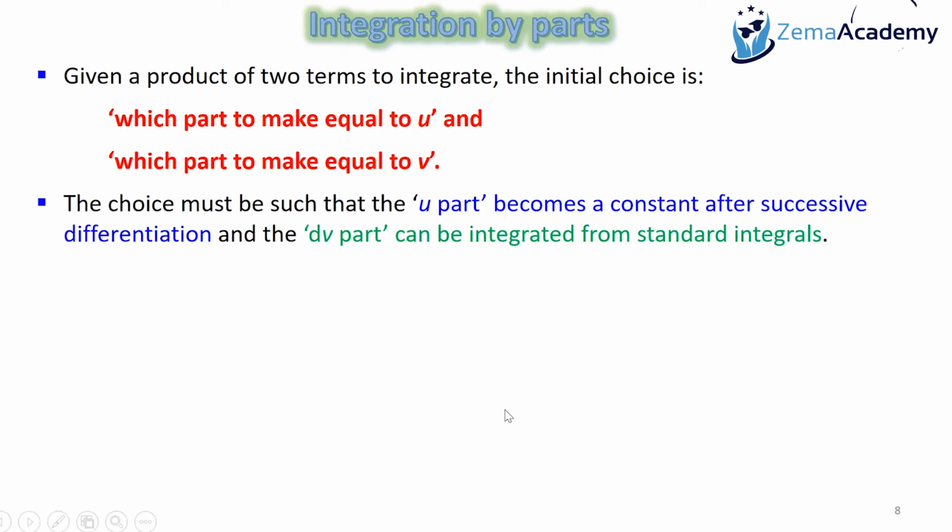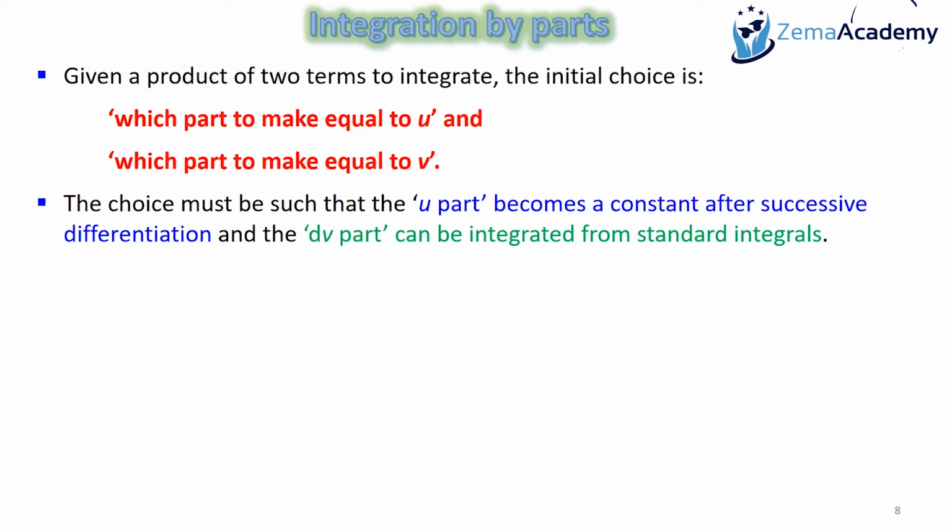So the choice must be such that when you look at the two functions and select one of them as u, that u should become a constant on differentiating, so that if you have u equals x and you differentiate, that x will become 1, right?